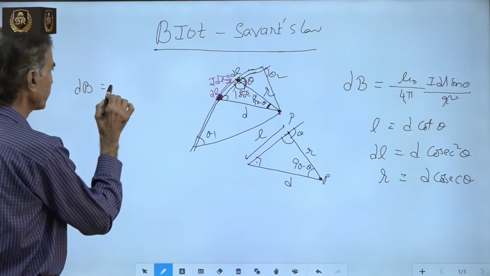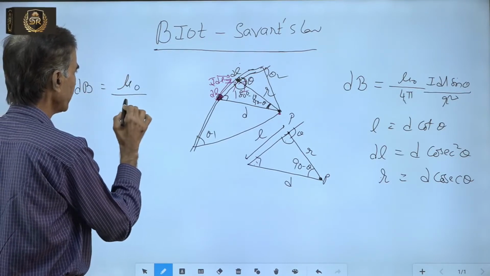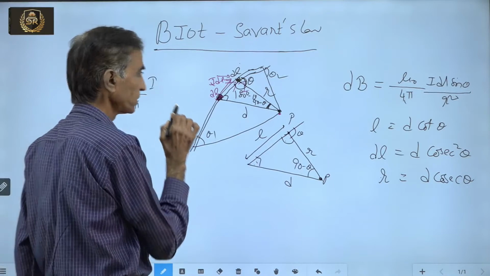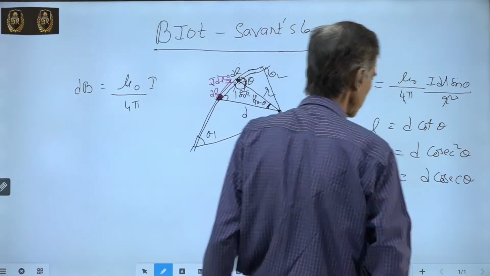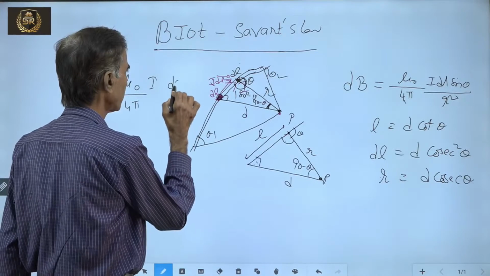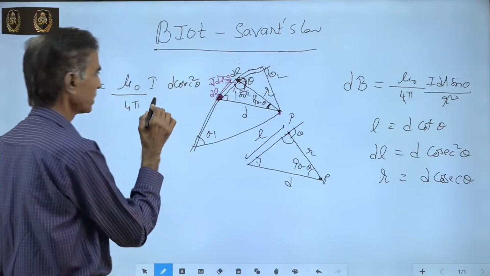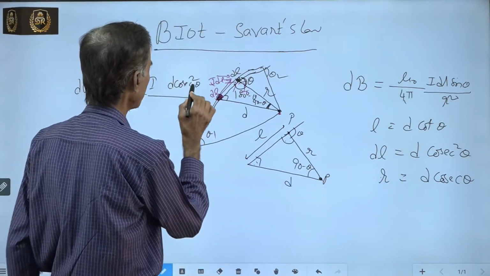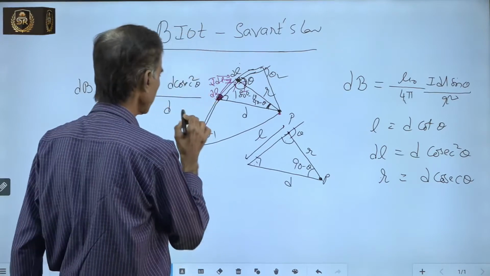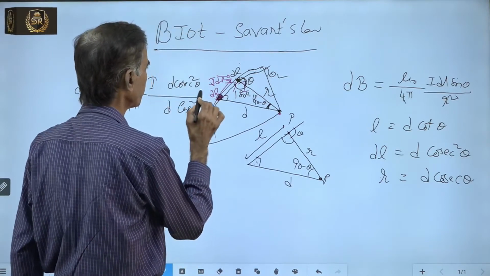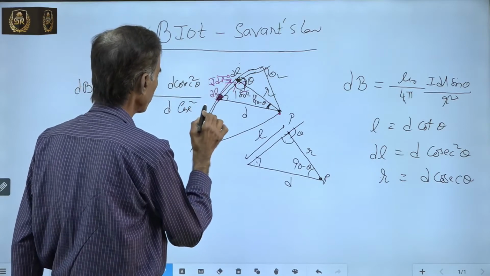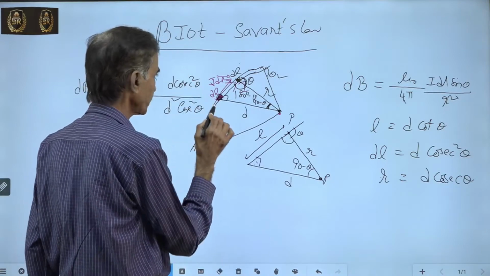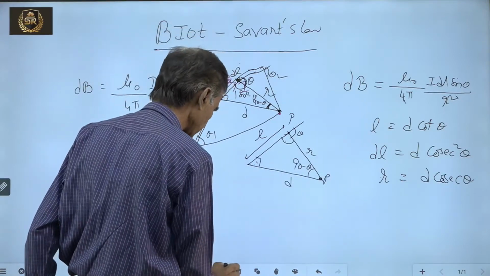dB is equal to mu naught by 4 pi into, substitute our dl value. dl is how much? d cosecant square theta. d cosecant square theta divided by r is d cosecant theta. So d square, we have again r square, so this is also d square cosecant square theta here, into, we have sin theta extra.